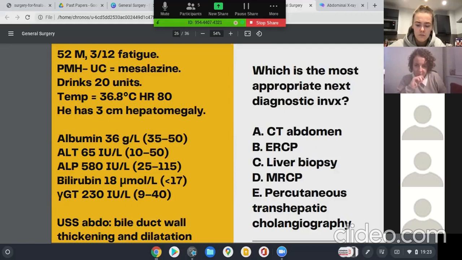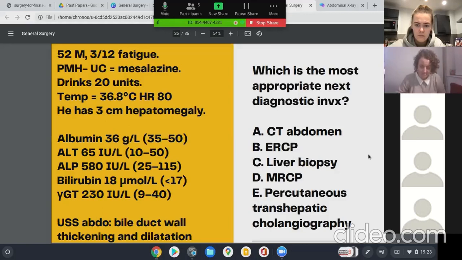So for the most appropriate next diagnostic investigation, you've got this MR, so magnetic resonance cholangiopancreatography, and basically it shows a beaded section in the bile duct.